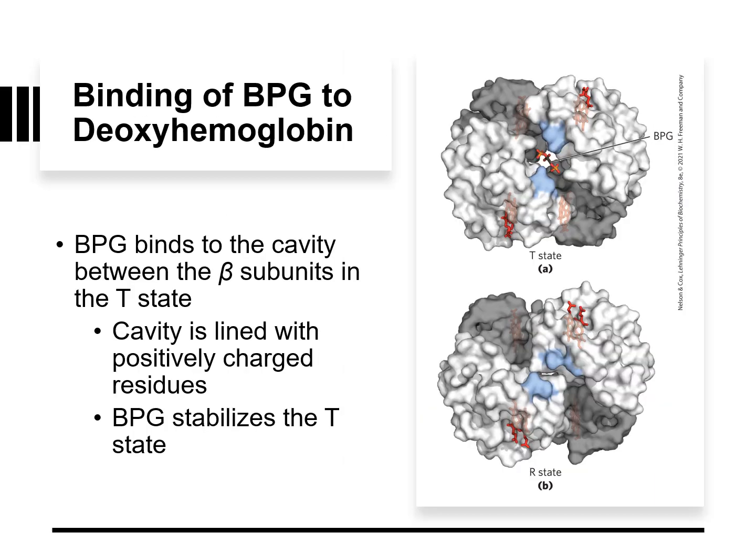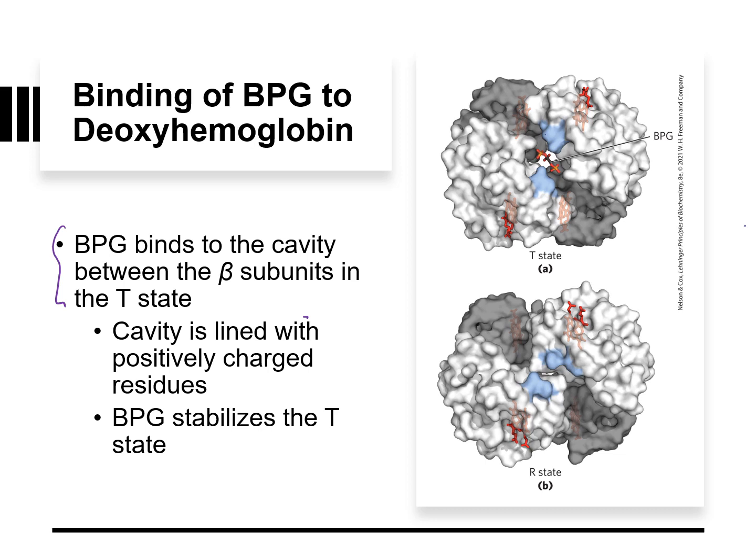How does BPG fulfill its modulating function? Well, as we know, it limits the ability of hemoglobin to carry oxygen. And as such, it actually, interestingly, has a role in cooperativity through heterotropic modulation. The way it does this limiting is it binds to the cavity between beta subunits in the T state.